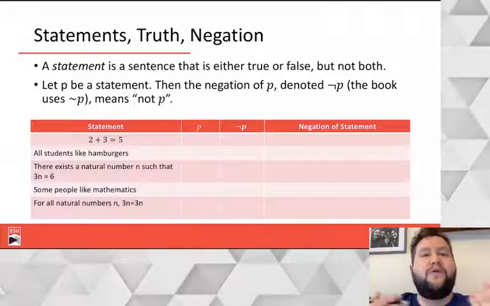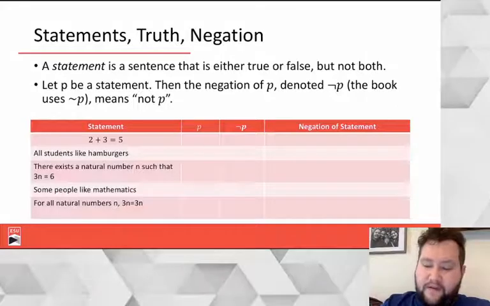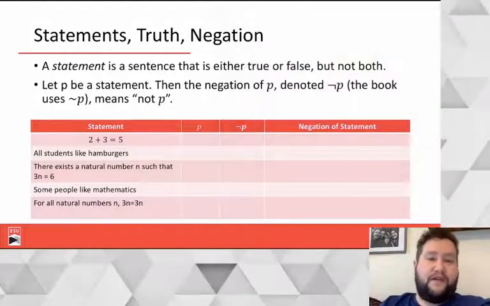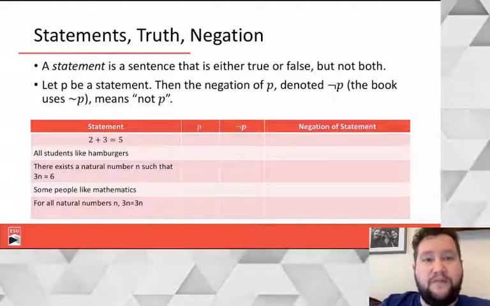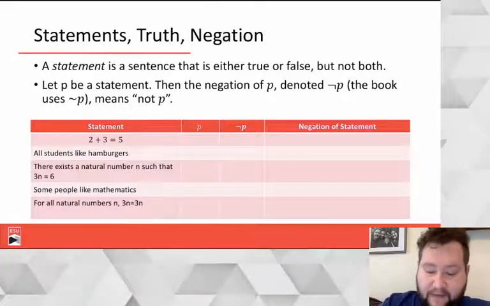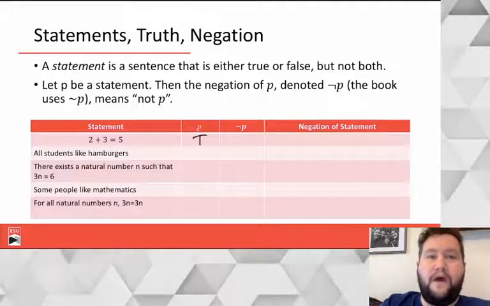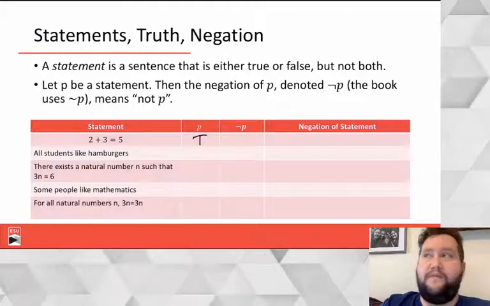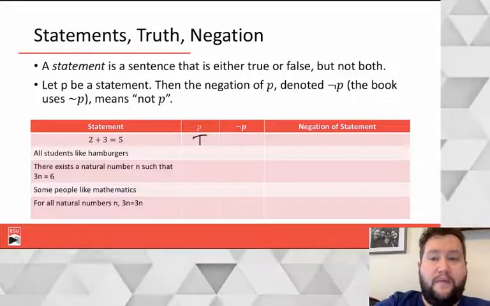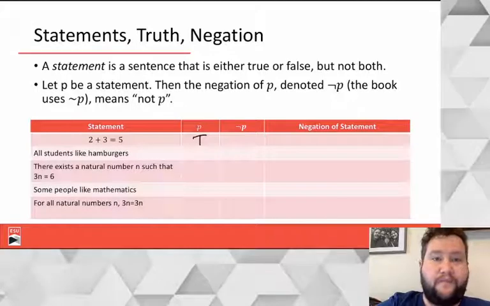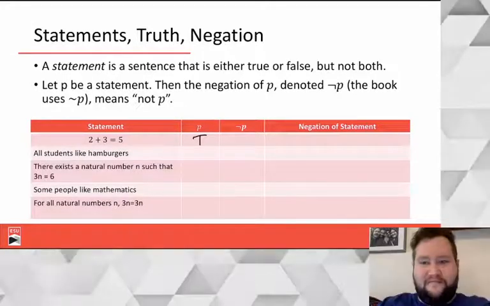So let's go ahead and work with this notion of negation. So remember we said that a statement has a truth value. A statement is either true or false. 2 plus 3 equals 5. That is a true statement. All students like hamburgers. Well, we defined who all students were, but we didn't say that it was true, right? We said it was false.